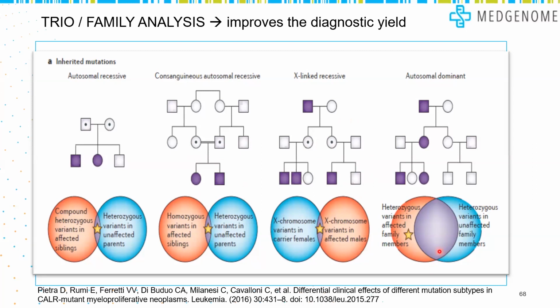Similarly, in autosomal dominant, if you have a vertical pattern of inheritance, then all the affected members would be having the heterozygous variant, but the unaffected will not be having those variants. So there is nothing common between the affected and unaffected. So this works as a case control study, where all the affected are having a particular gene variant and the unaffected will not be having it.